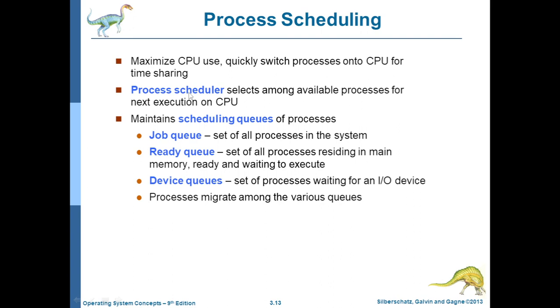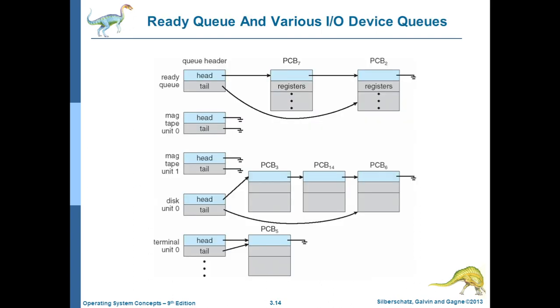It means controlling the processes in such a way that CPU utilization is maximum, or optimizing CPU utilization. Here you can see a queue in the process scheduler.